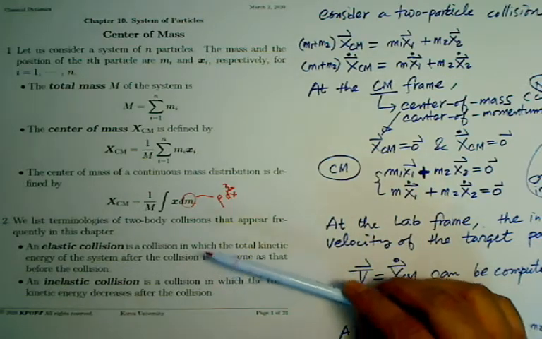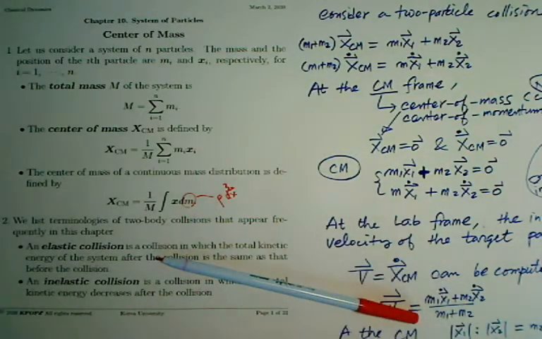If we consider collision, the momentum of the system is completely conserved because of Newton's third law of motion, and it depends whether the total kinetic energy sometimes is conserved, sometimes not.